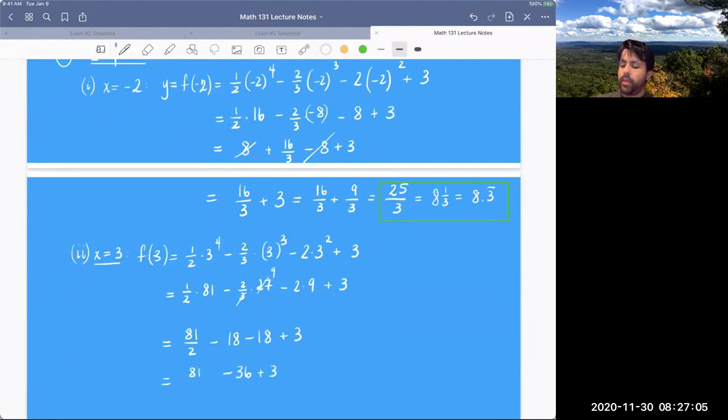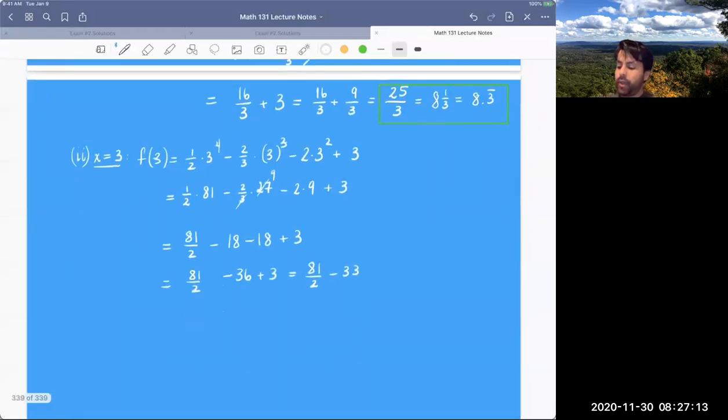This is 81/2, and this will be 81/2 minus 33. I can rewrite this as 81/2 minus 66 over 2. And then over 2, this will be what? This will be 15 over 2.